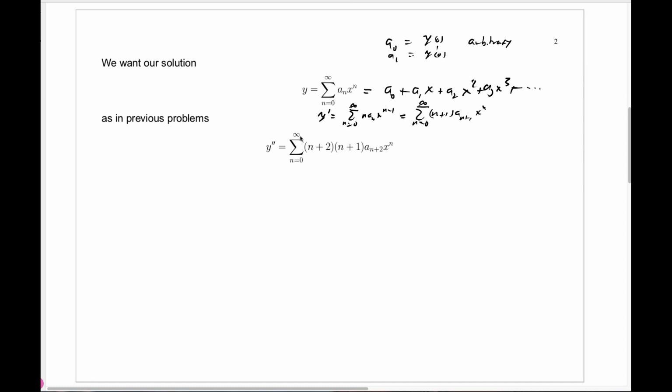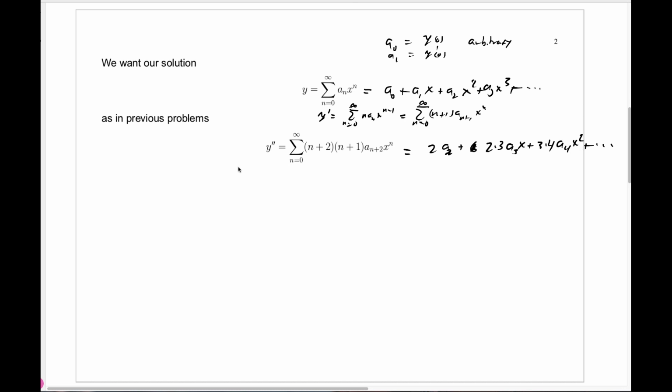We do the same sort of thing to find y double prime, the sum of n plus 2 times n plus 1 times a sub n plus 2 x to the n. This is just going to be 2a2 plus 2 times 3, a3 x plus 3 times 4, a4 x squared, etc.